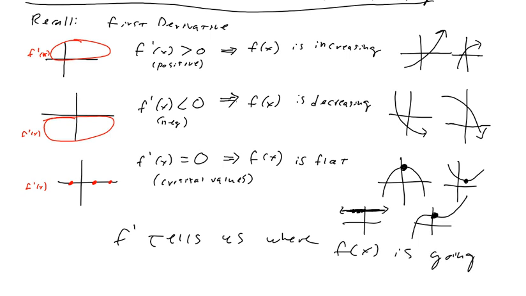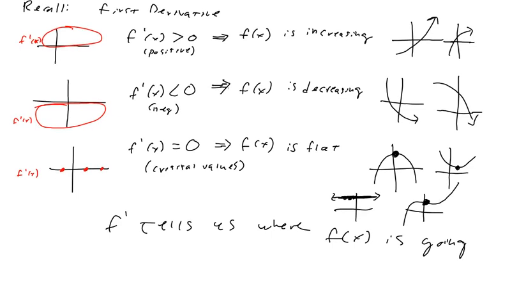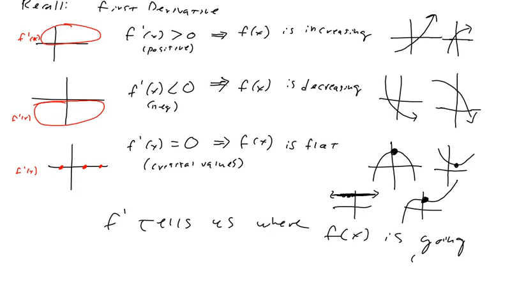Sort of a direction, like a direction of f. Where is it moving? Are we moving up in the world? Or are we moving down in the world? Or are we flat? Are we at some peak, some critical value, some spot where we're 0?